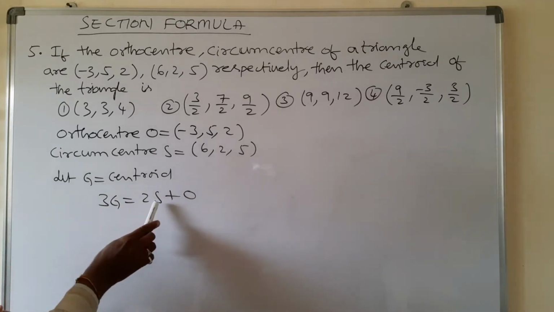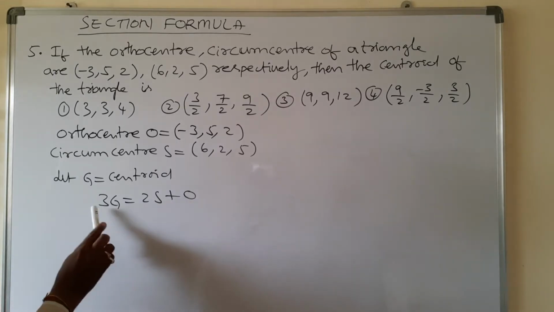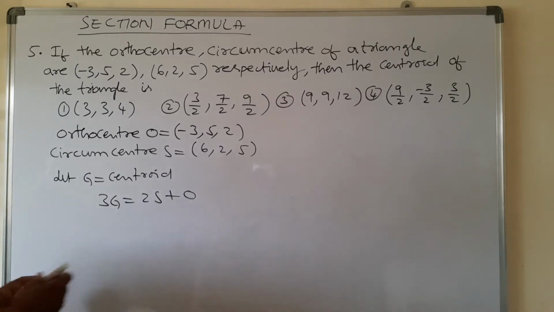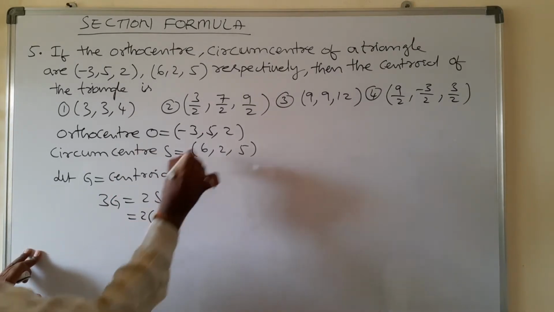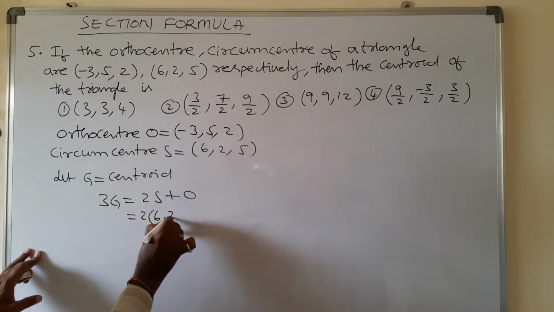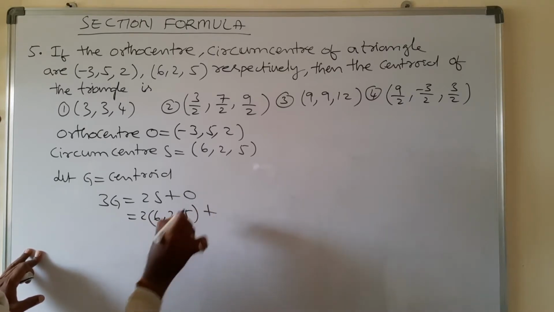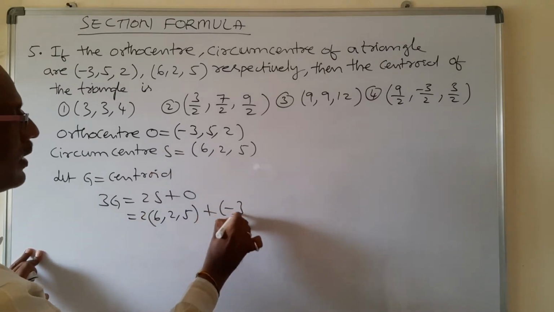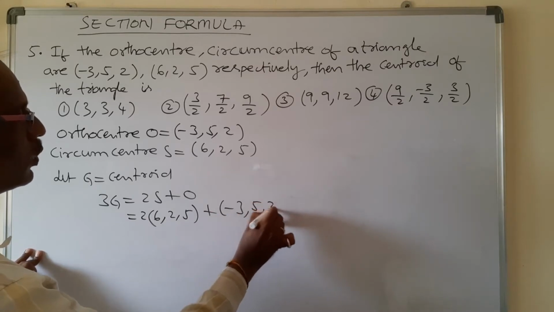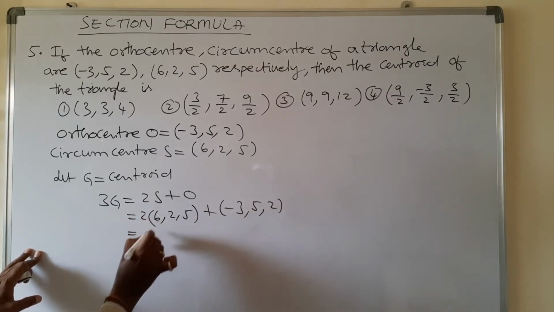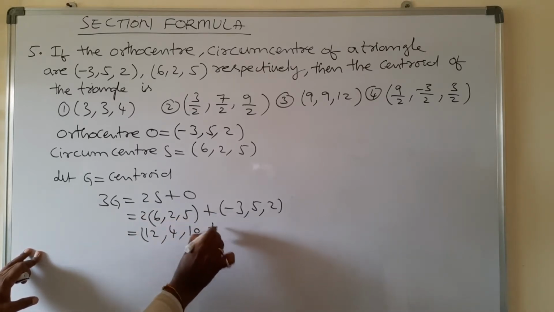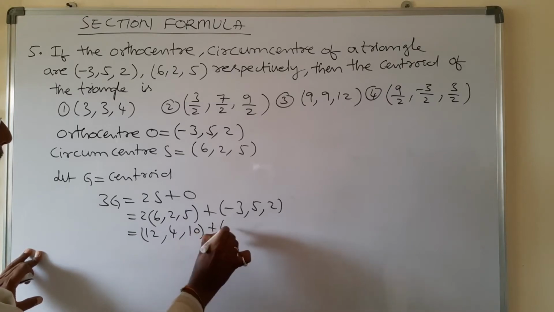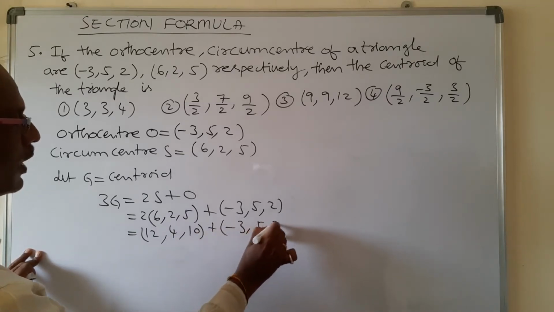Centroid G, S circumcenter and O orthocenter. The relation is 3G is equal to 2S plus O. Applying the values: 2 into S (6, 2, 5) plus O (-3, 5, 2). 2 times 6 is 12, 2 times 2 is 4, 2 times 5 is 10, plus (-3, 5, 2).